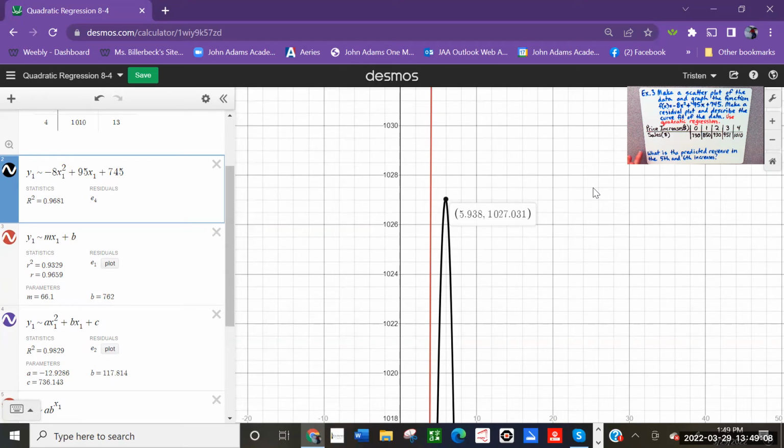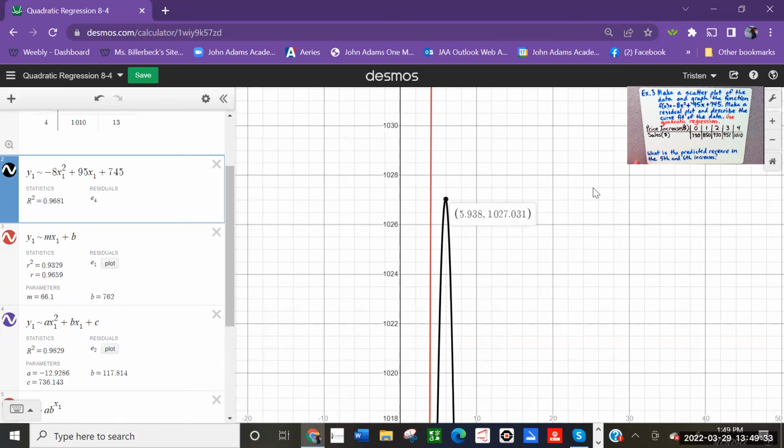So if we predict at 6, it's going to be about 1,027. It's going to go down a bit because that's not quite 6 yet. That's the maximum at 5.9. So at 6, it'll be a little less than 1,027. So maybe it'll be closer to 1,010 as the other point was.